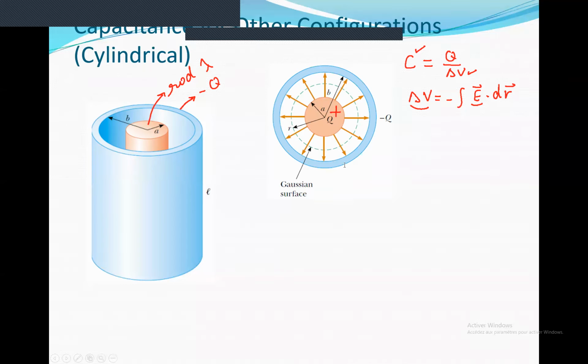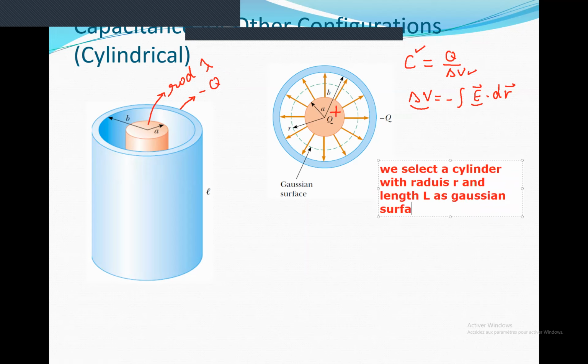We can select a cylinder with radius r and length L as the Gaussian surface, and with the conditions we have to write: E must be parallel to dA, E must be constant, and also E must be radial.